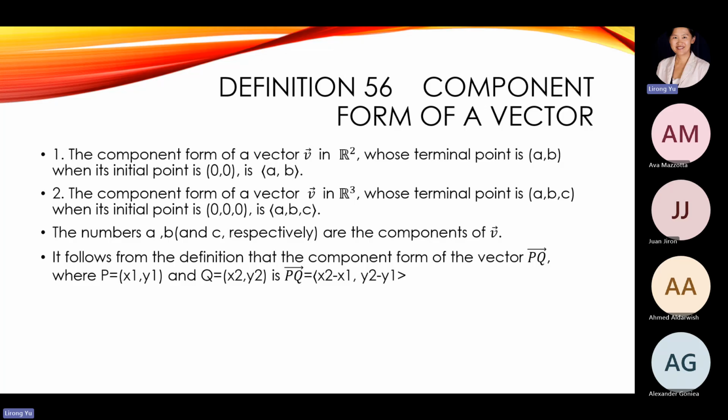Similar idea with a three-dimensional vector. If you start at 0, 0, 0 and end at a point (a, b, c), the vector will be <a, b, c>. This is just to make it simple, so the initial point is all 0, 0, 0. But it could represent a vector that's not starting from 0, 0.